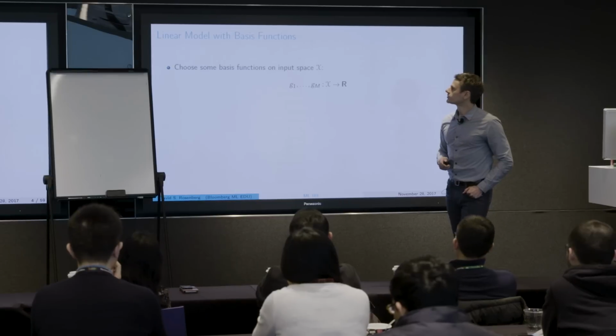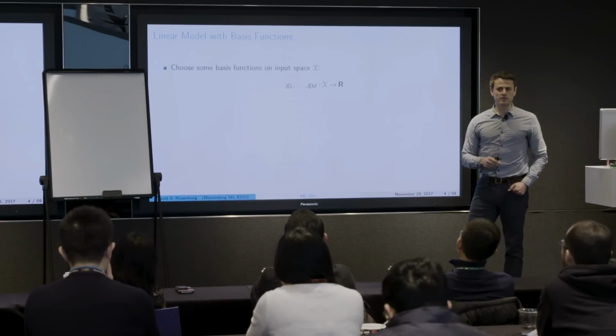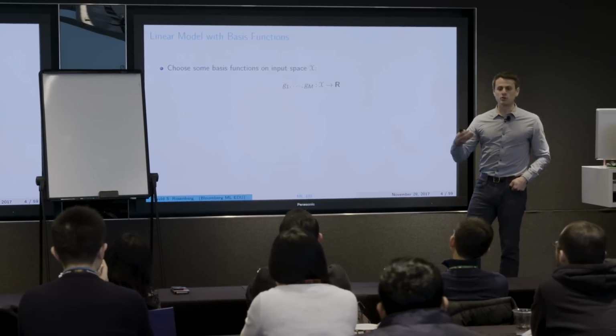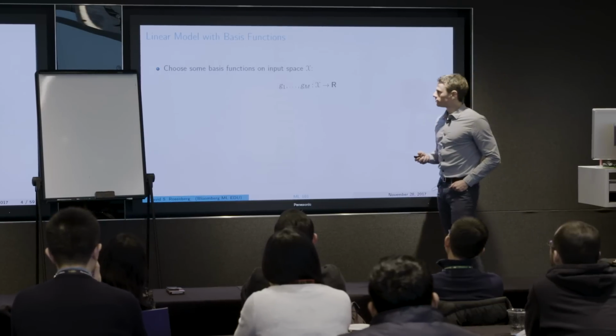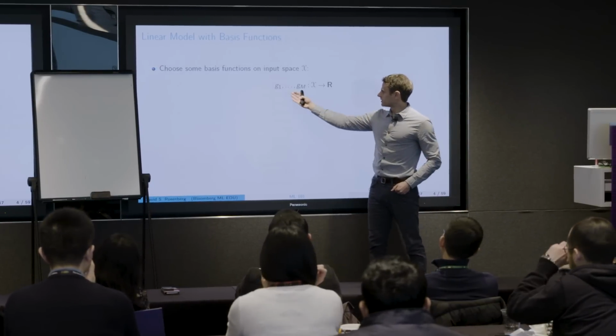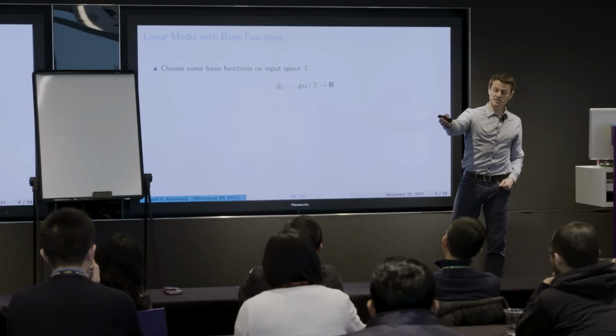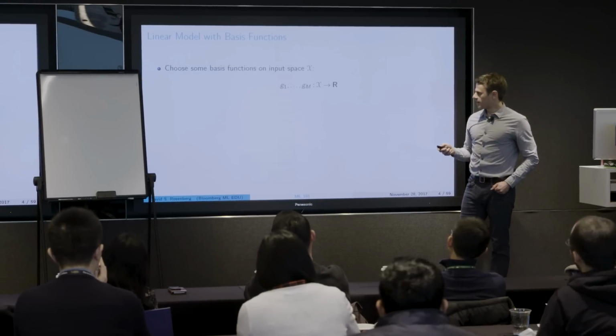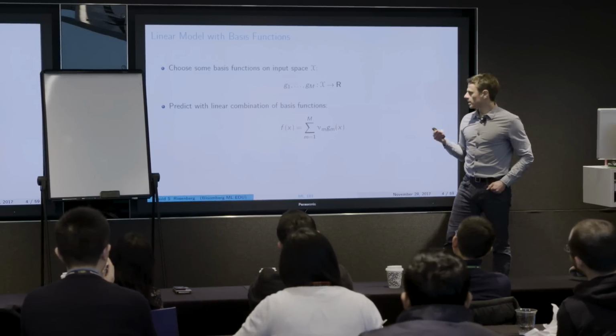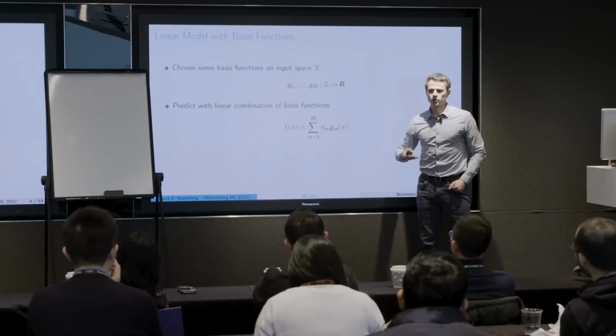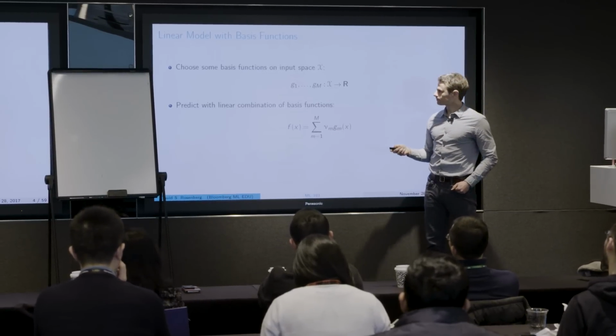OK. So let's focus in on the approach of creating new basis functions. We could imagine creating some collection of new functions of x, for instance, the square function, and coming up with a linear combination of these transformations of x.